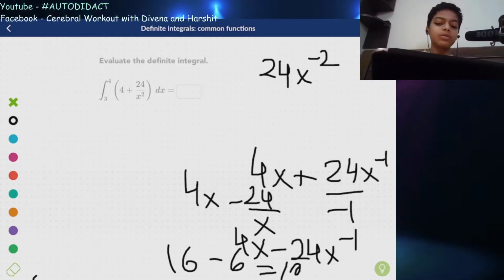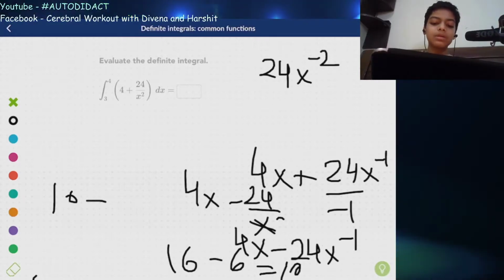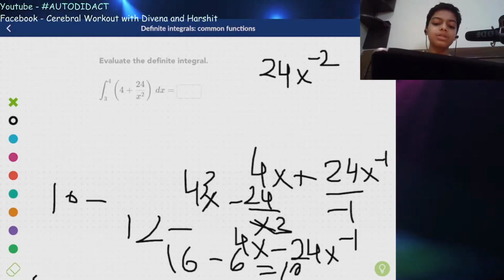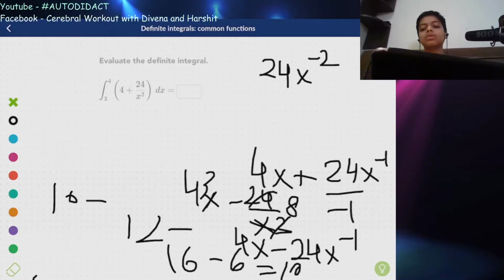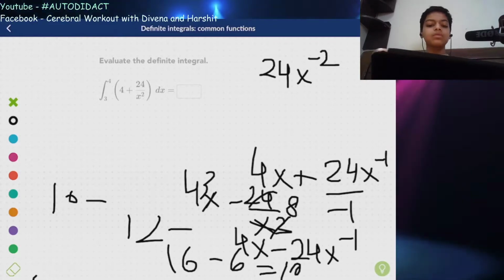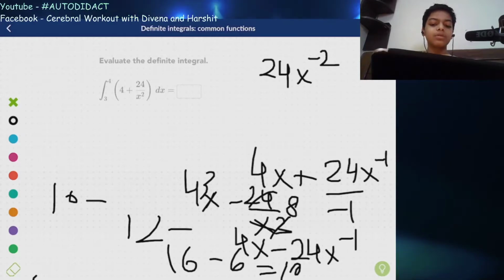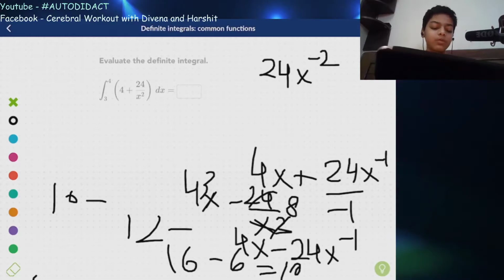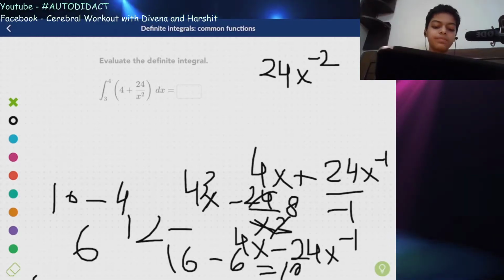Then let's find it at 3, so this will be 12 minus 24 thirds, which is 8, since 8 times 3 is 24. So this will just be 12 minus 8, which is 4, and 10 minus 4 is equal to 6.